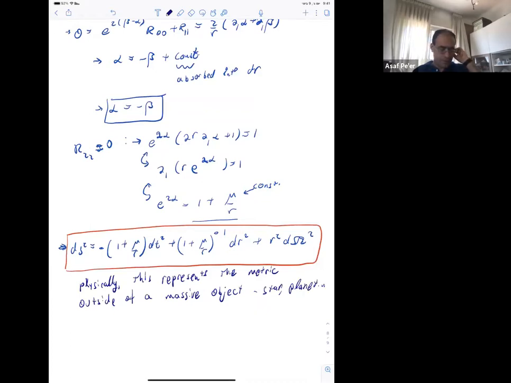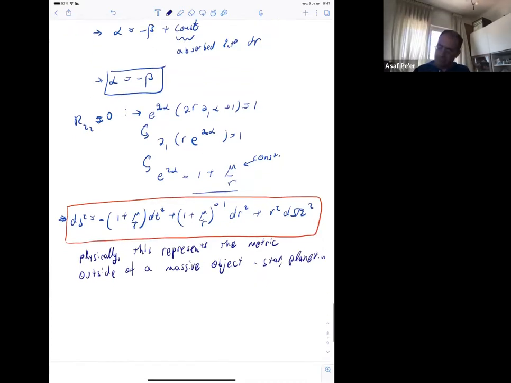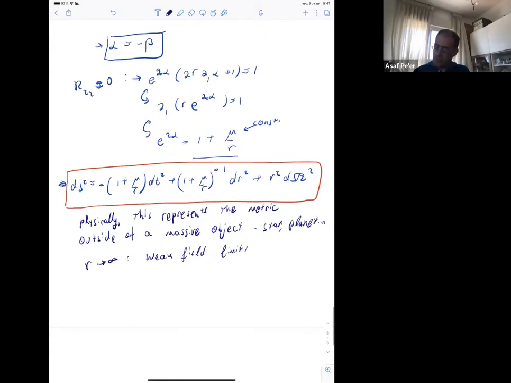So in the weak field limit, r goes to infinity, which we already derived: G00 when r goes to infinity is minus 1 plus mu over r, and G11, or GRR, as r goes to infinity, is 1 minus mu over r.